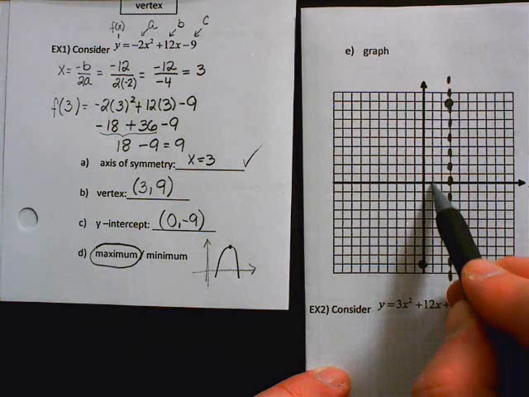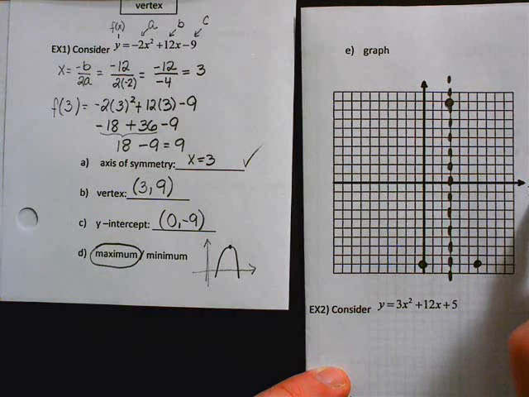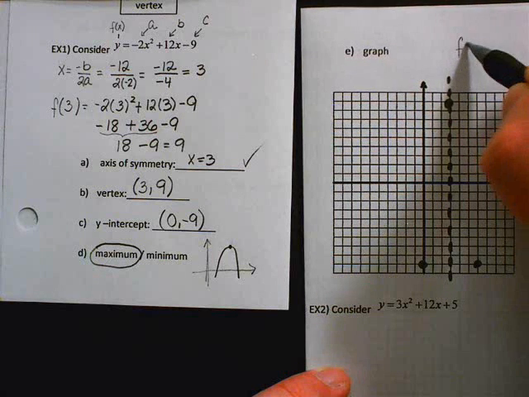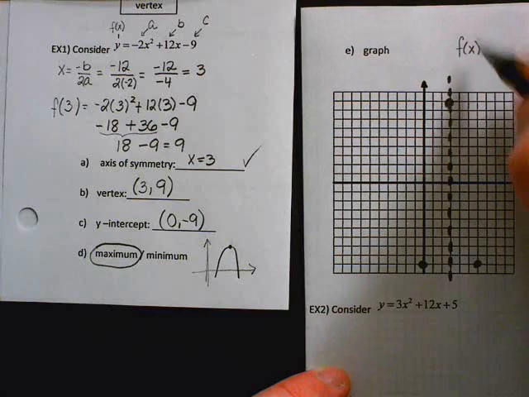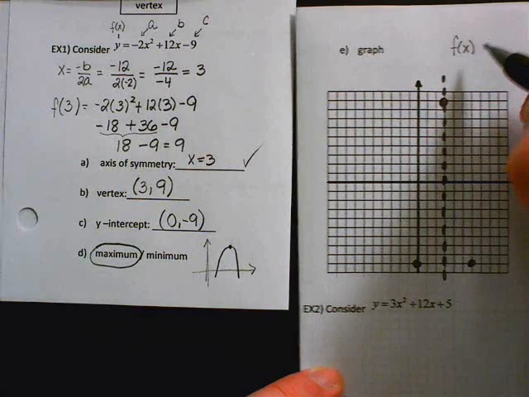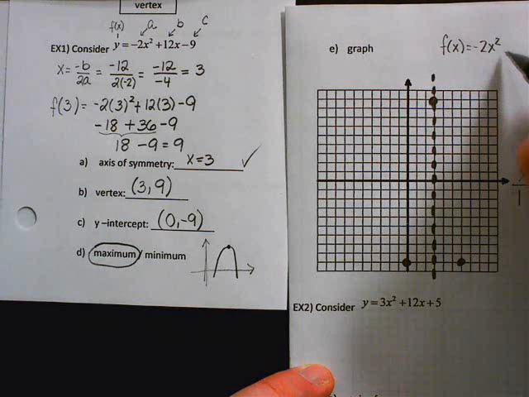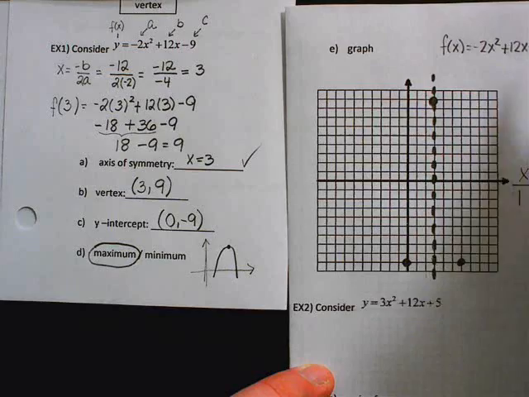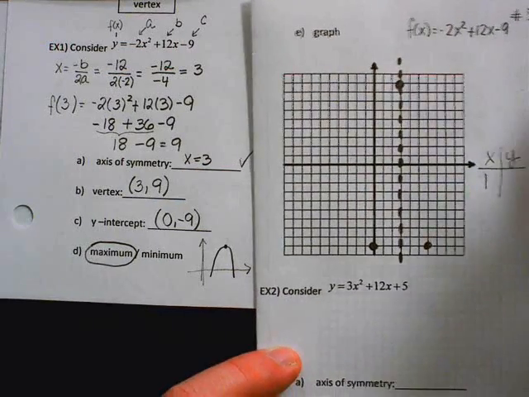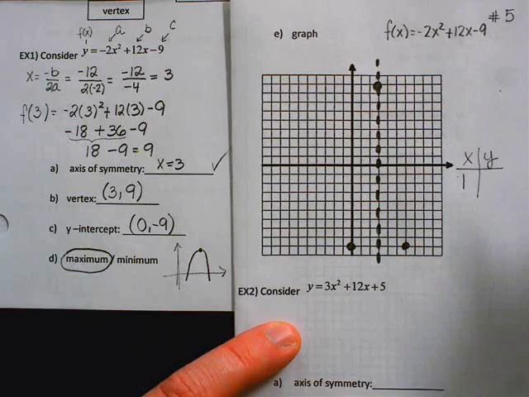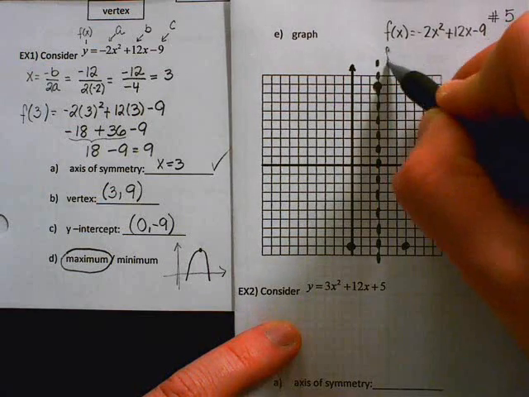Now remember, your function is f of x equals negative 2x squared plus 12x minus 9. And let me bring this to view. Alright, so that's our function. So what we're going to do is find the value of y, or in other words, f of 1, or what's the value of y when x equals 1.